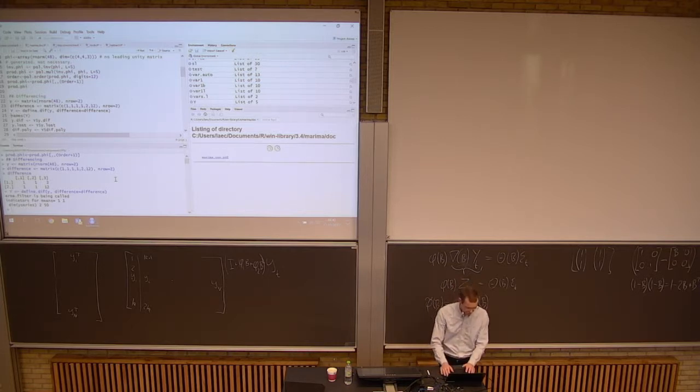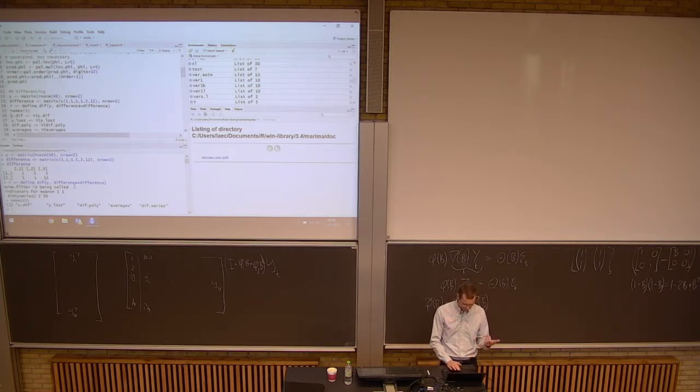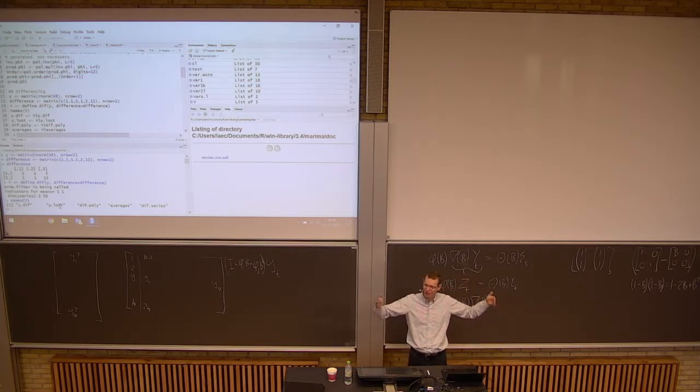What comes out is the series after differencing. I have those that I lost in the beginning, because when I do the difference operator I want to say what the maximum lag I'm differencing at is. Well, that's 12. That means that the first 12 observations I cannot use in the modeling.